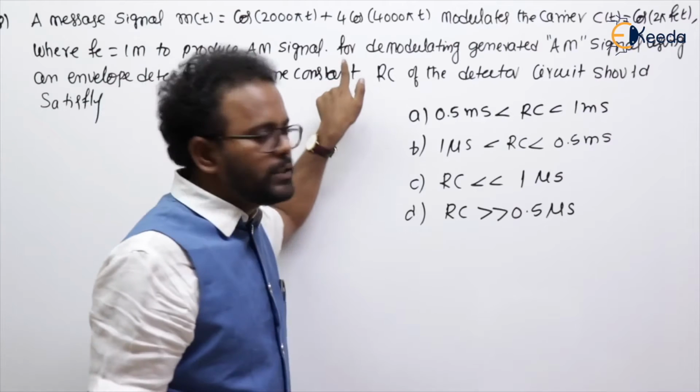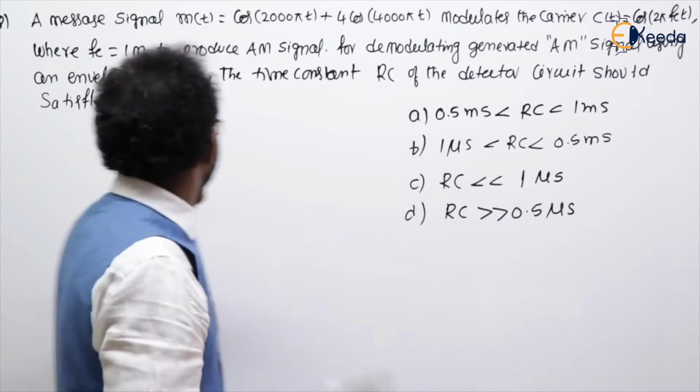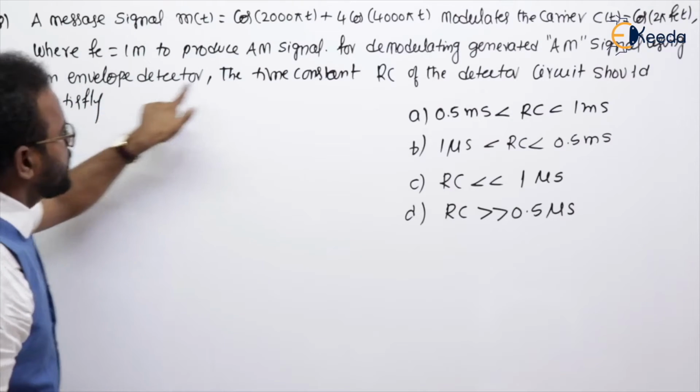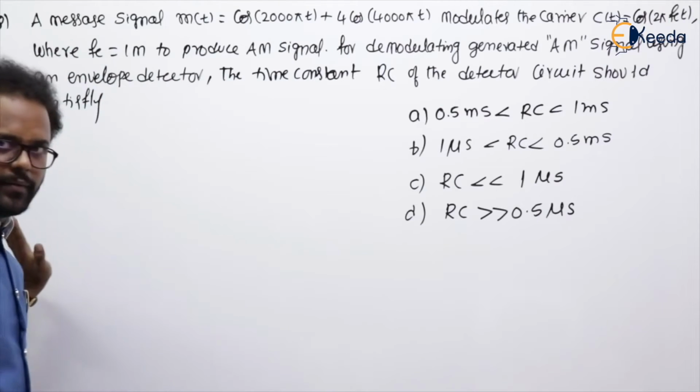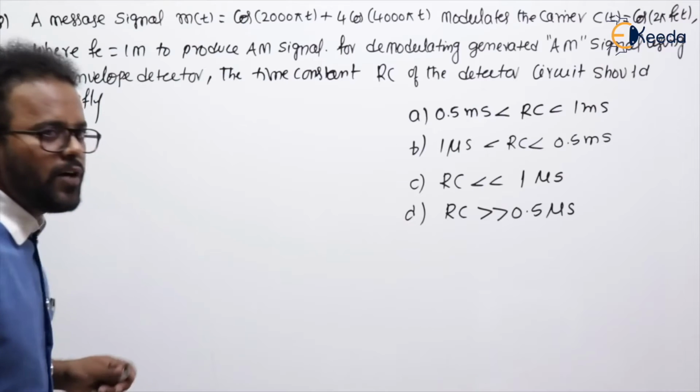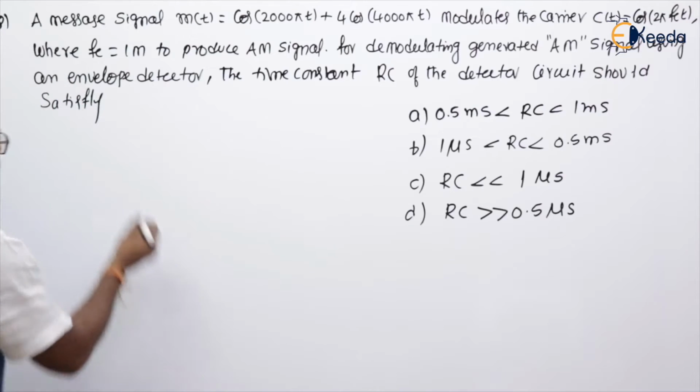For demodulating the generated AM signal using an envelope detector, the time constant RC of the circuit should satisfy. What is the best choice for the time constant of the envelope detector?